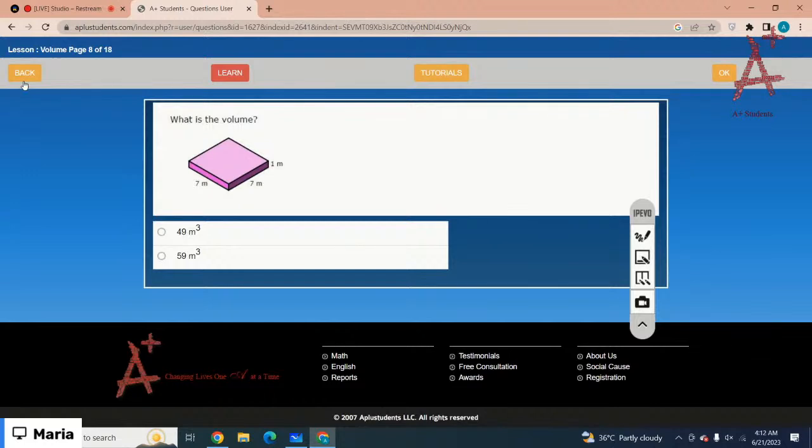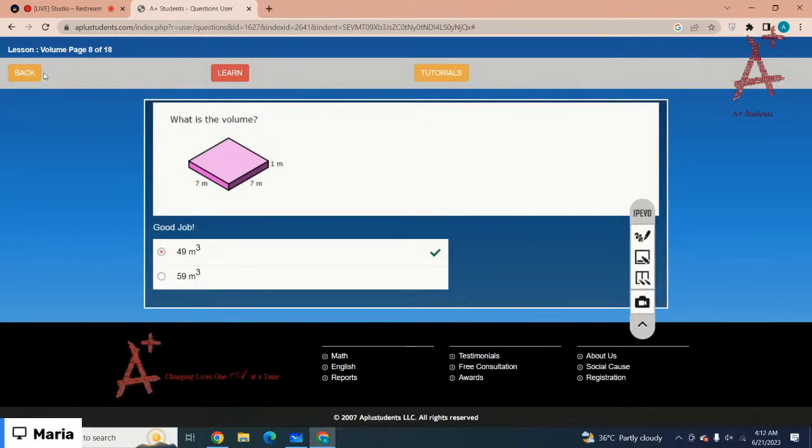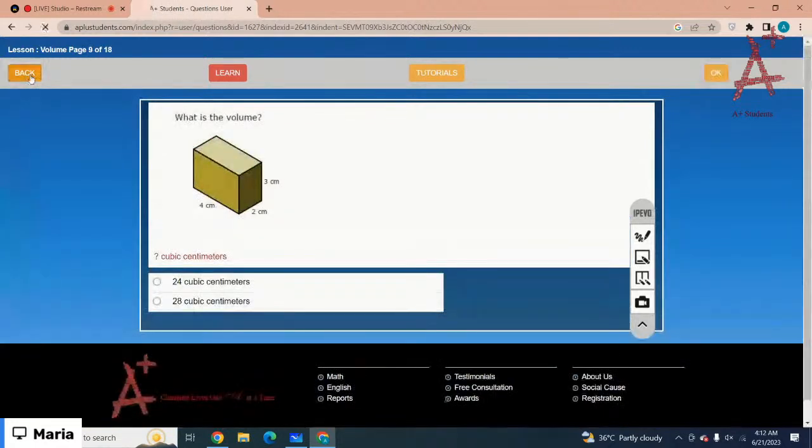So that equals 49. Got it? Okay, you can complete the test by yourself later today. Let me just move on to the next lesson.